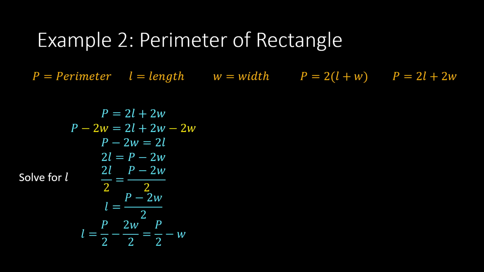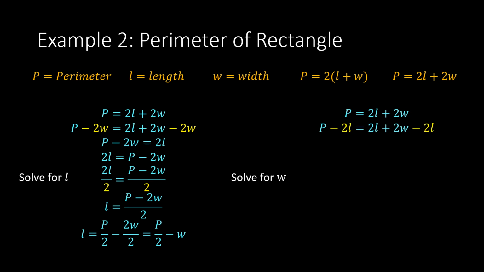Or, when you dissect it, because they are similar fractions, we could say P over 2 minus W. Okay, let's have now another problem with the perimeter of a rectangle. Let's solve for W. The process is just the same. You start with the formula: perimeter is equal to 2L plus 2W.